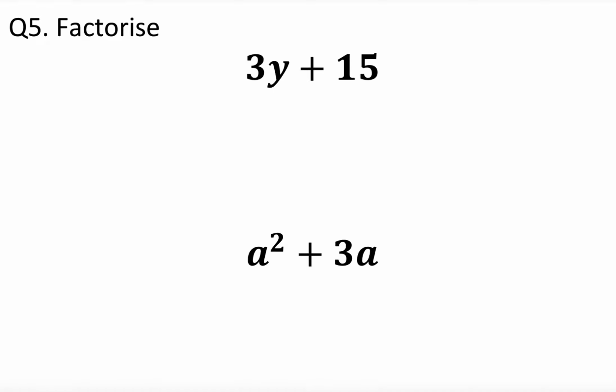Factorise, right, these can be quite challenging. I'm going to try and explain it, but I think you need to go into more depth to learn about factorisation. What we want to do is get the highest common factor outside the brackets and everything else inside the brackets.